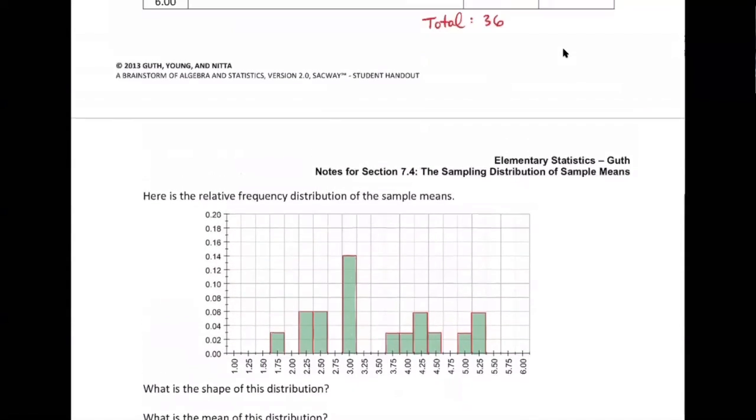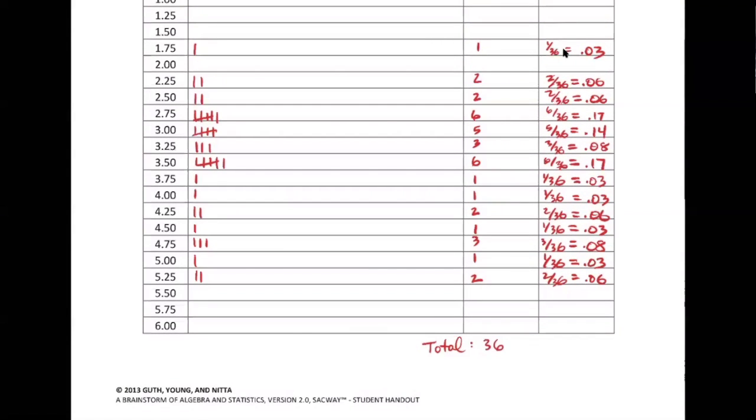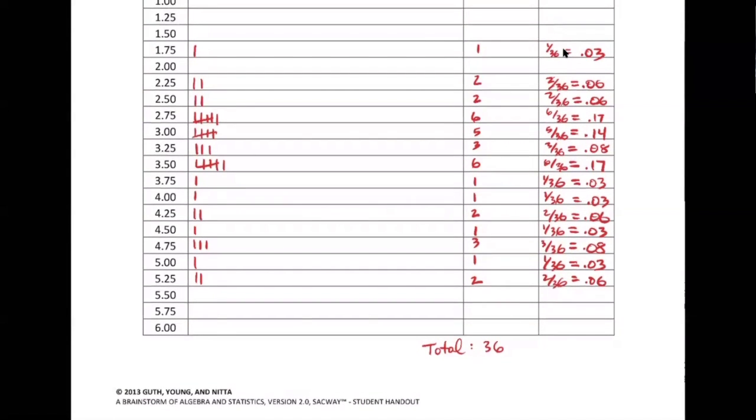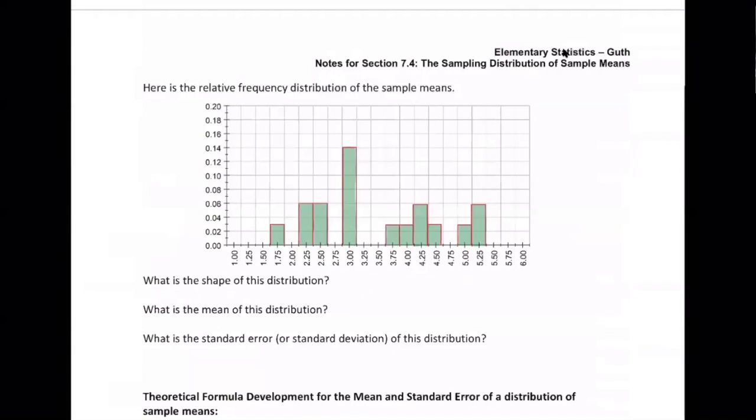There's only one 5 and 1 2 6s. The first one's at 2.75.